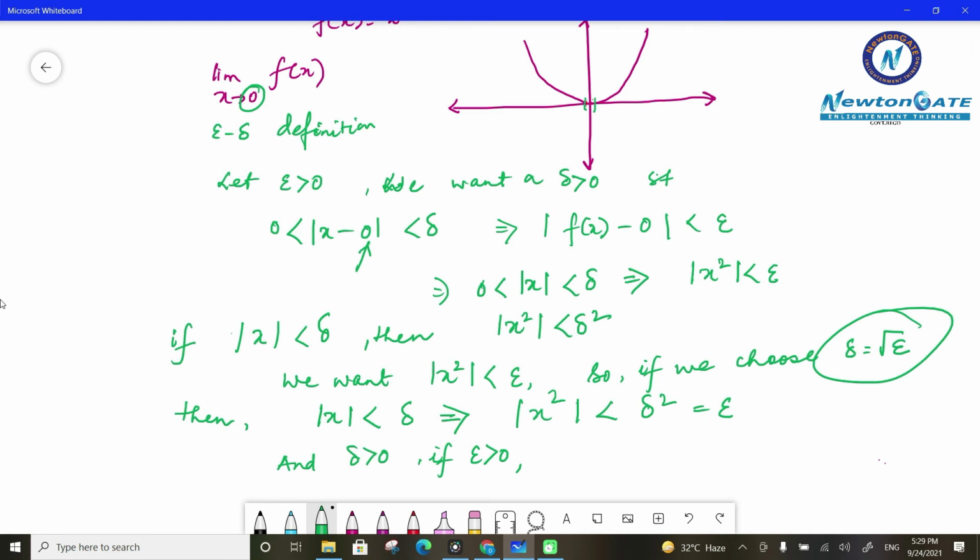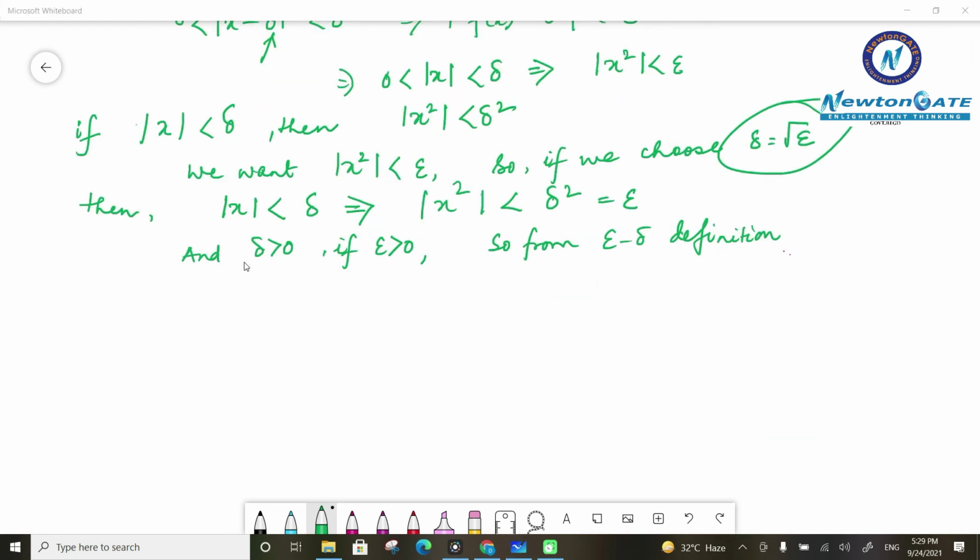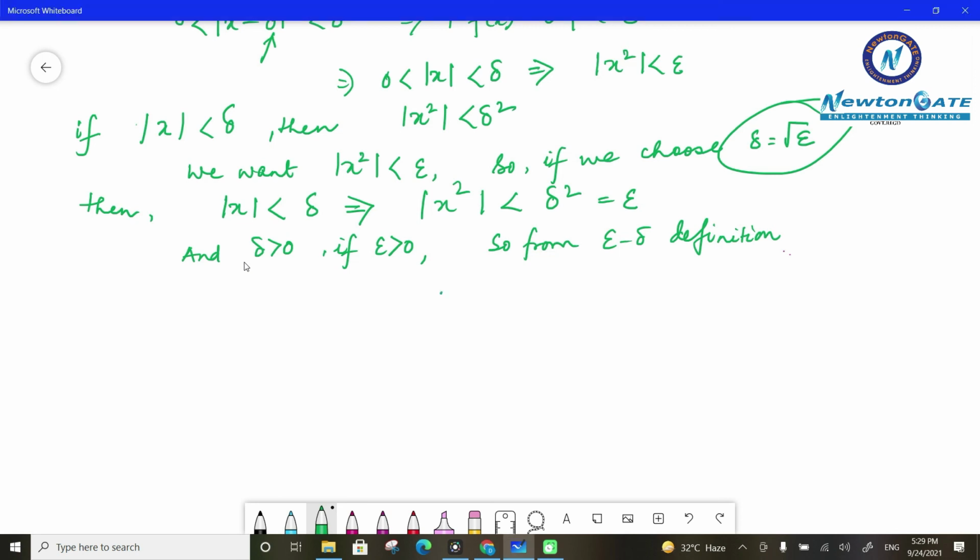So from the epsilon delta definition, finally what do we arrive at from here? It follows that limit x tends to 0 fx is equal to 0.